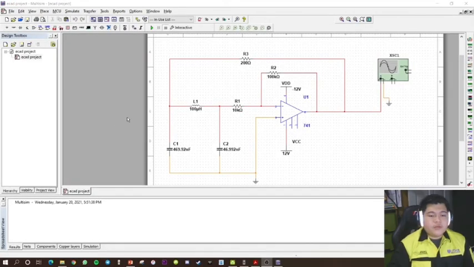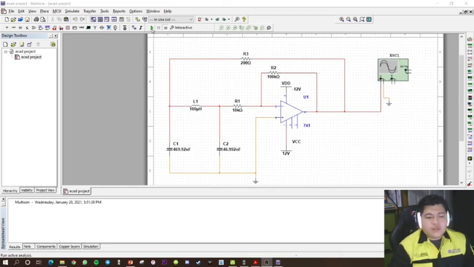Now we go to the next part, which is the simulation for this project. In this case, we use Multisim to simulate the circuit, and we key in all the values that we assumed and calculated: the first capacitance is 469.92 nanofarad, and the second capacitance is 46.992 nanofarad.